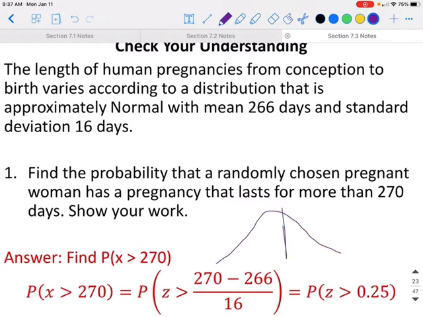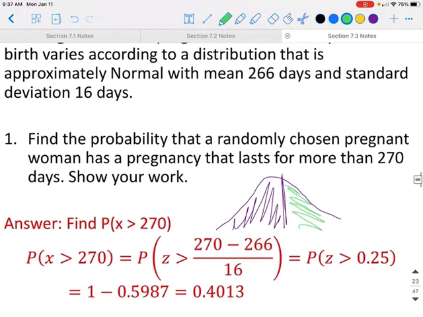So if 0.25 was right here, the area on the table shows me what's to the left. But we want to know greater than that value. So if we do 1 minus the area on the table, that'll tell us the probability. So there's about a 40% chance that a female can have a pregnancy that lasts more than 270 days.